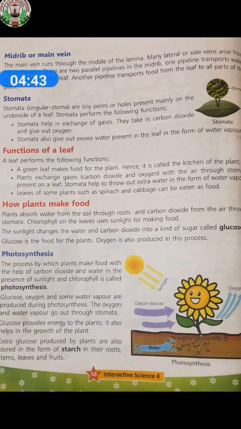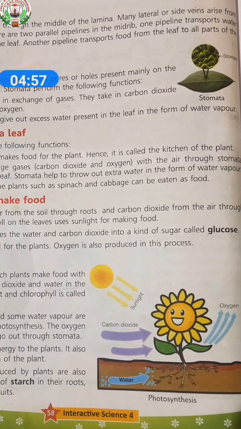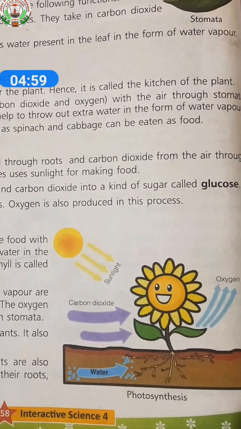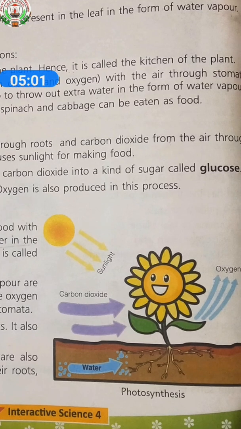Glucose is the food for the plants. Oxygen is also produced in this process. So, see the picture here. The process by which plants make food with the help of carbon dioxide and water in the presence of sunlight and chlorophyll is called photosynthesis.